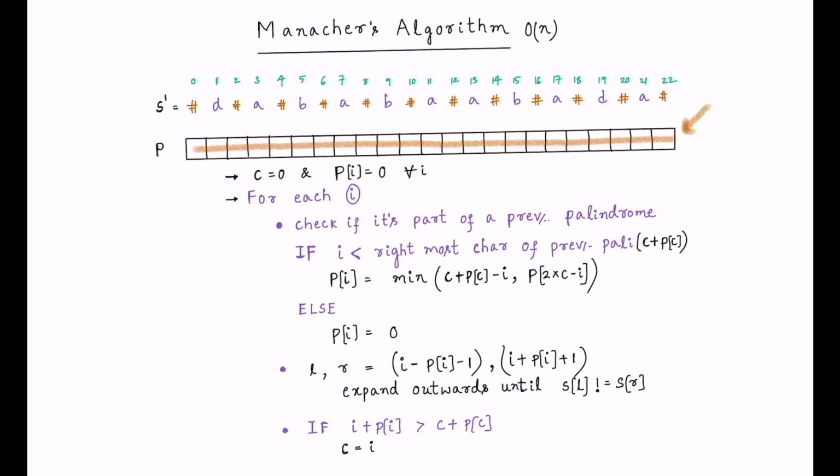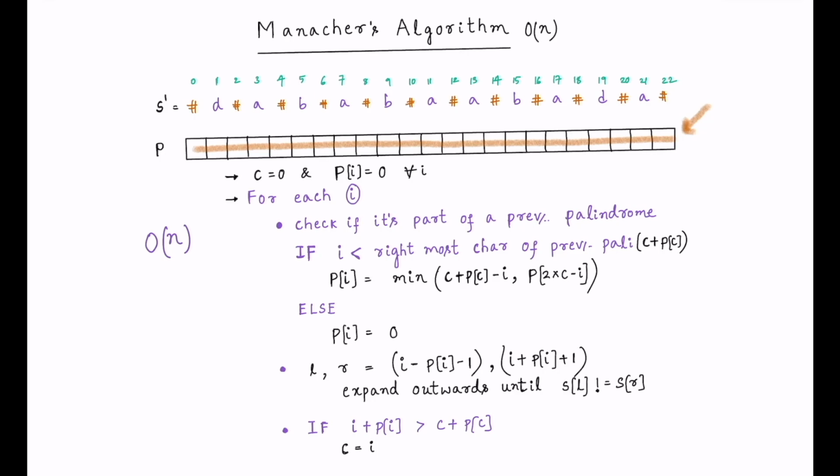From there, we find the starting index of that palindrome and get rid of all the hash characters in between. So that's our longest palindrome, and the runtime of this algorithm is O of n, because we are cutting down on all the additional comparisons we used to do if the current character is part of a previous palindrome.